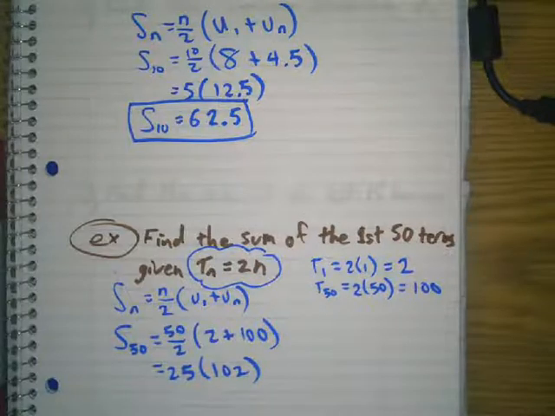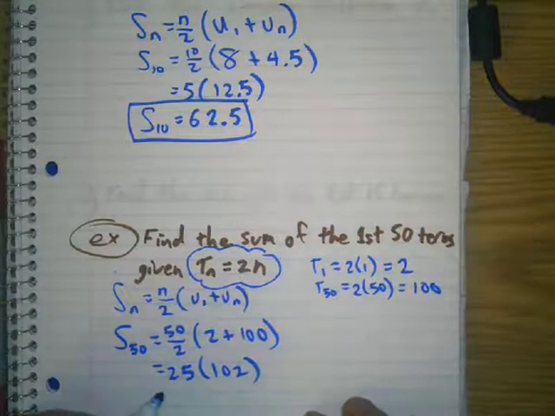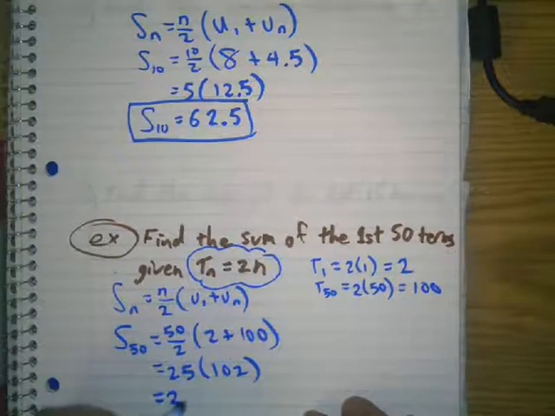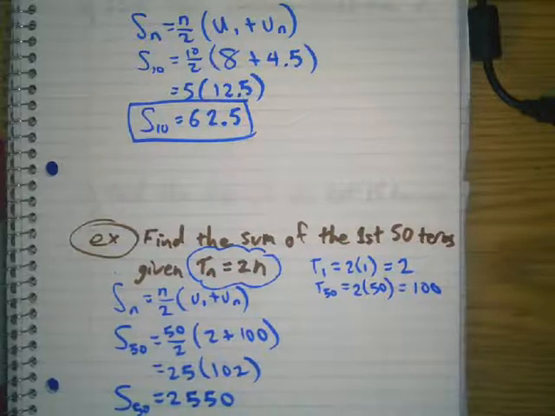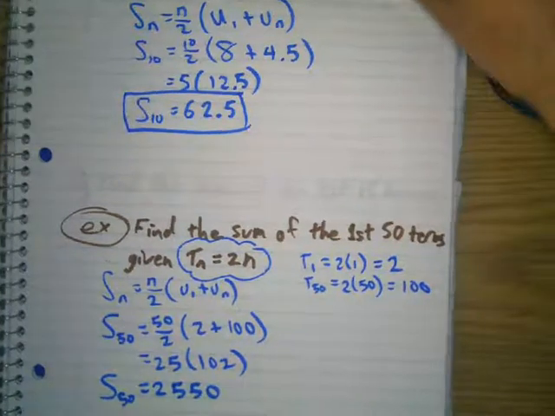Times 25, that's going to give me 2,550. Okay. Make sure you write this carefully into your notes. Next problem. If you need more time, hit pause or replay, of course, right?